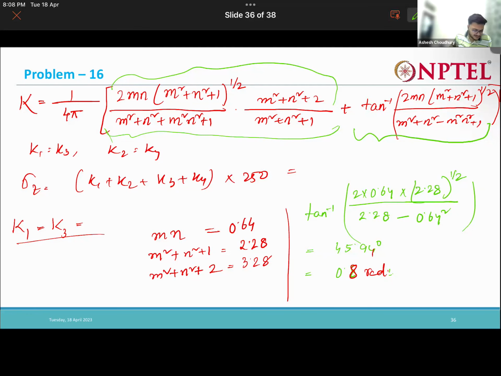I'm getting 2.97. Check once, please. Here in the solution, they are getting 1.03. I'm getting 2.97. I don't know.